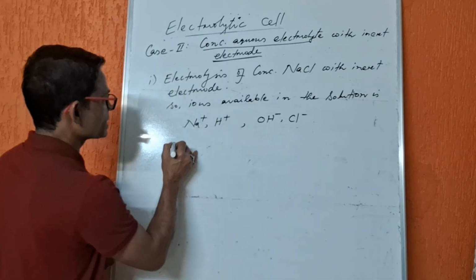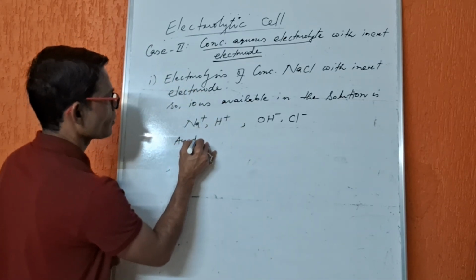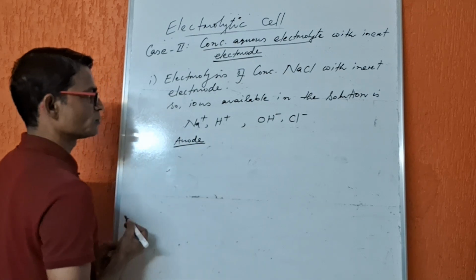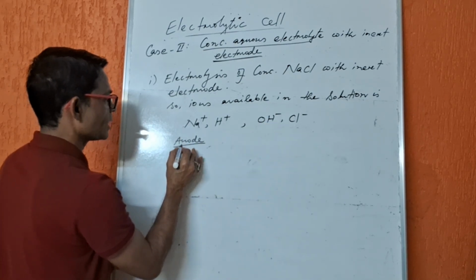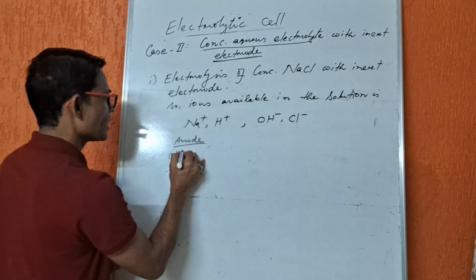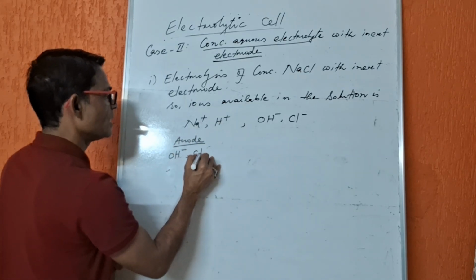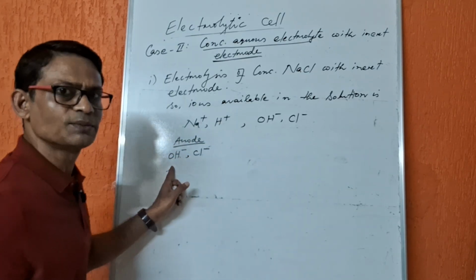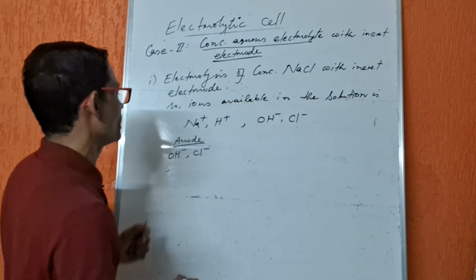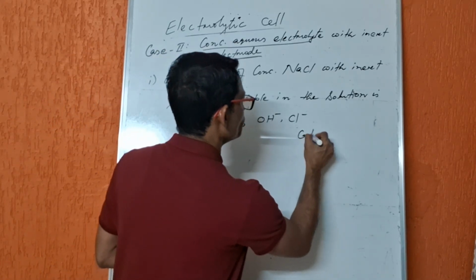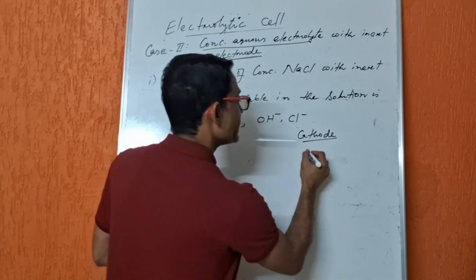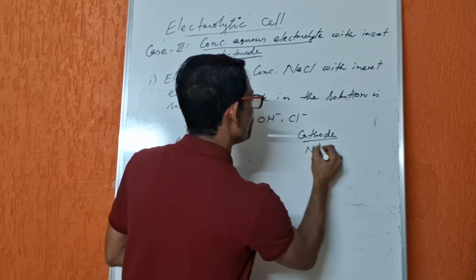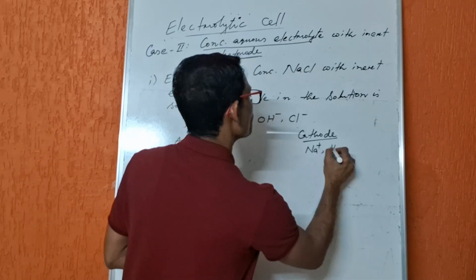At the anode, the anions Cl minus and OH minus move towards the anode. At the cathode, the positive ions Na plus and H plus will move.